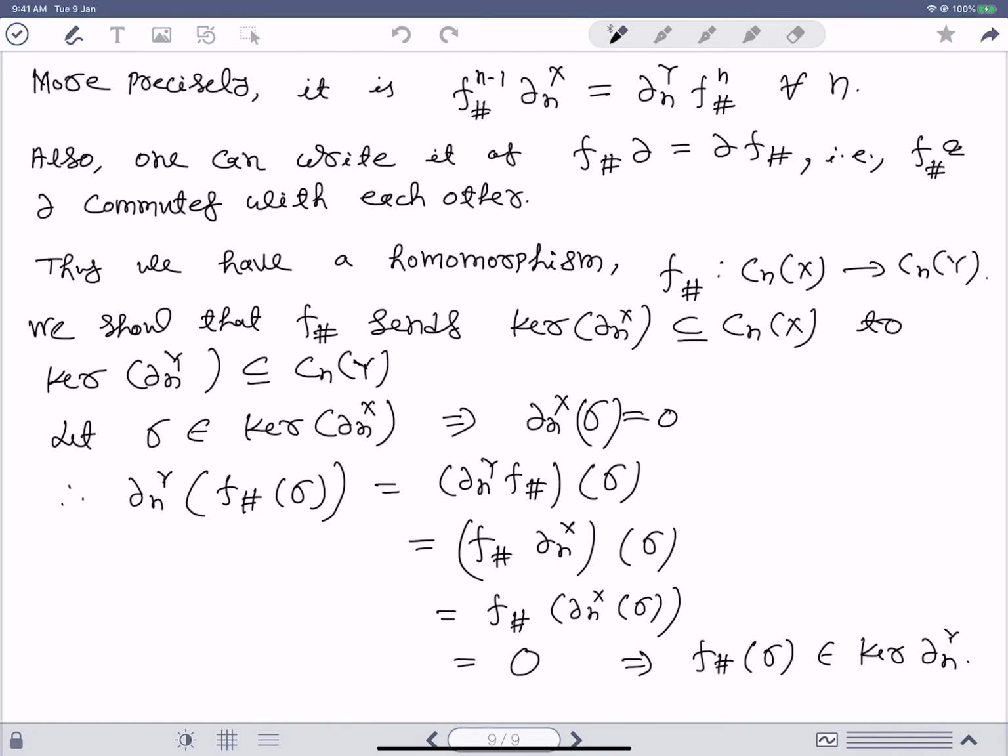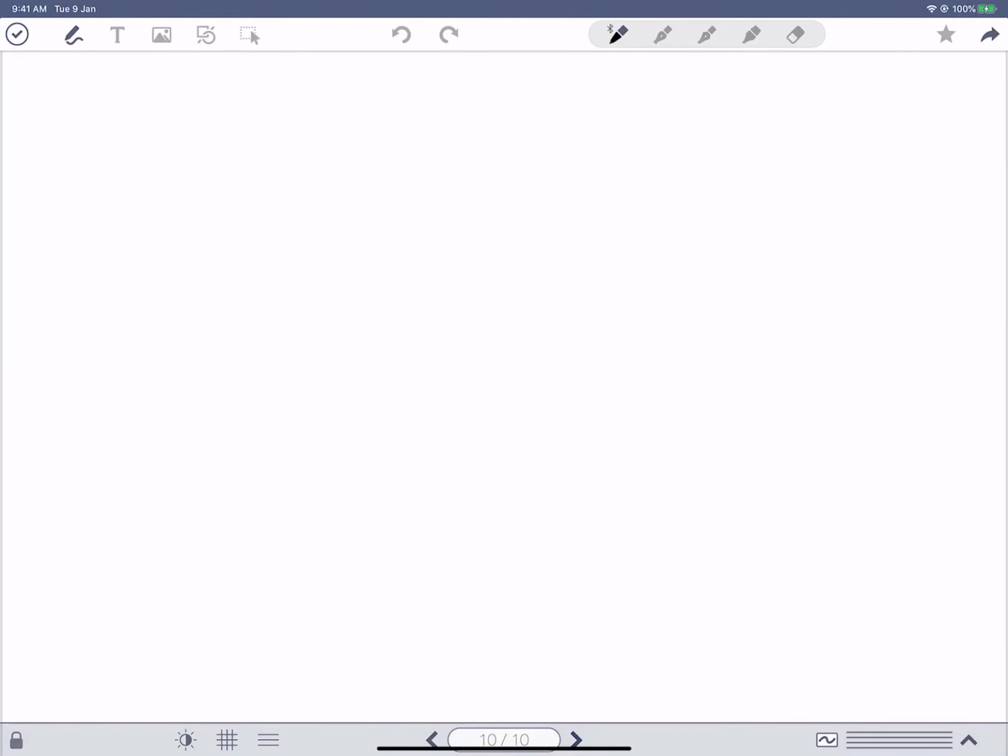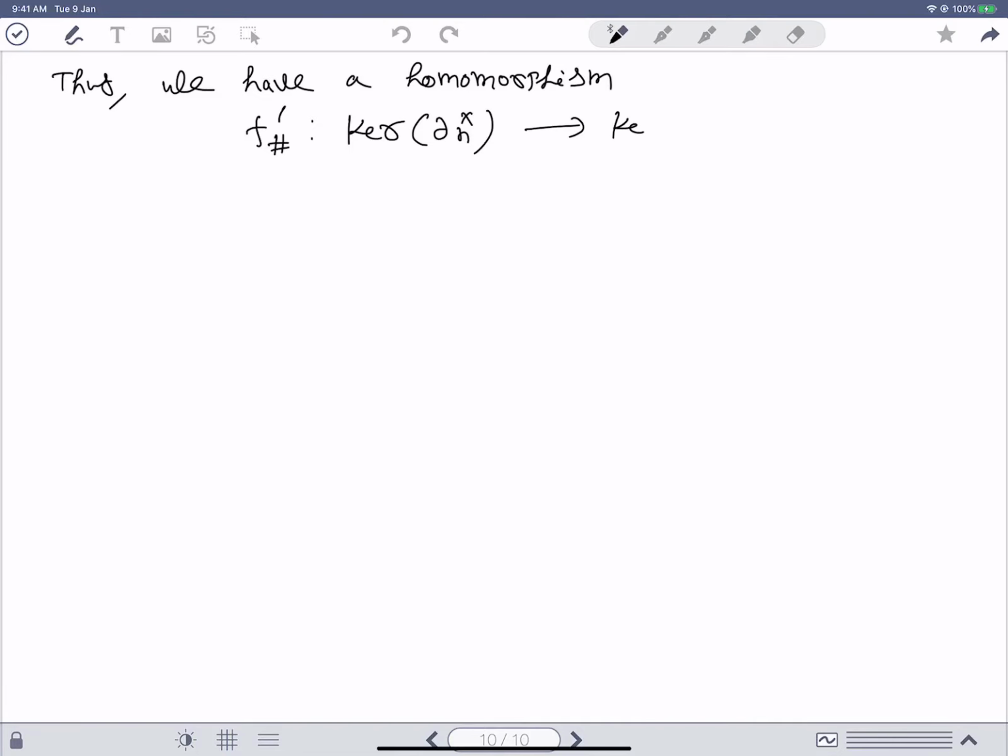Therefore, if we take the restriction map, we can write that we have a homomorphism f hat dash from the kernel of del n x to the kernel of del n y.